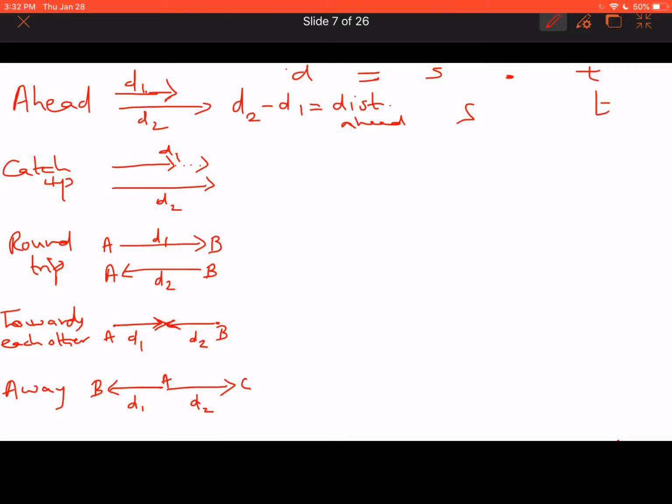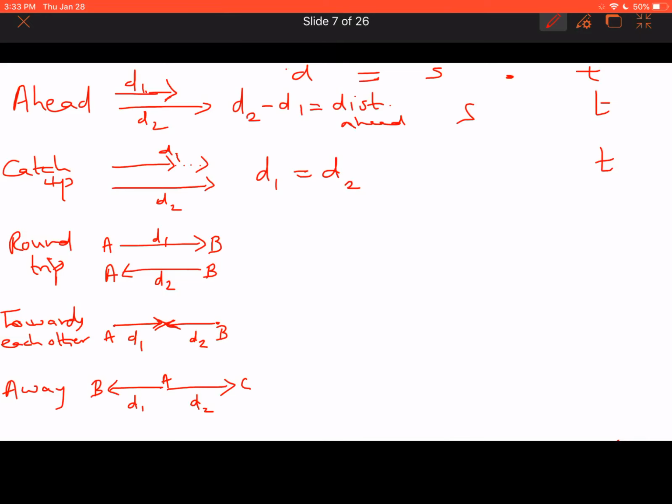Next type of problems we saw is catch-up problems, where the travel starts from the same point or different points but moving in the same direction with a different speed. After certain time they are going to catch up with each other by increasing the speed or something, and at that time the distance covered by the first vehicle is equal to the distance traveled by the second vehicle.